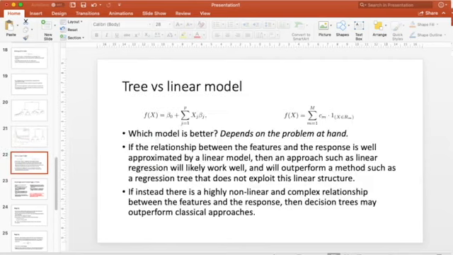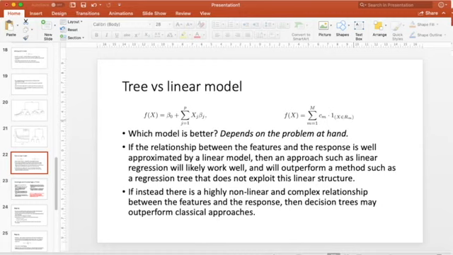So now we want to compare the decision tree and the linear models, and we want to know which model is actually better. It depends on the problem at hand. On the left here, I show you the equation for the linear models, where we have beta naught plus beta j x j, and on the right hand side, this is one of the equations for the tree models.